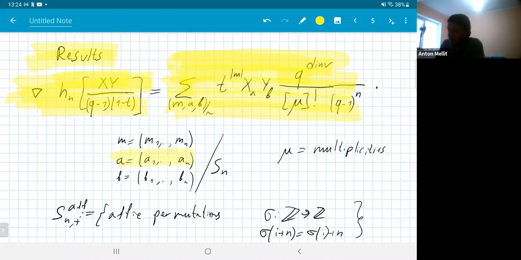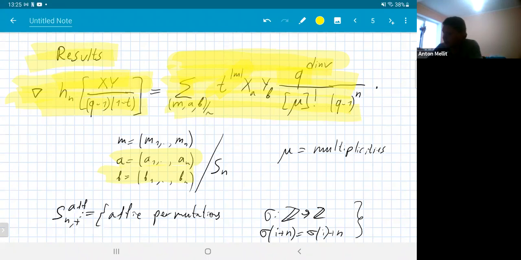In the formula you get t to the m, the sum of m's, and a and b go into the monomials x^a and y^b. x^a is a monomial product of x_i^{a_i}, and y^b is similarly from b. Naturally, a corresponds to 0 and b corresponds to infinity on P1, x corresponds to 0, y corresponds to infinity.